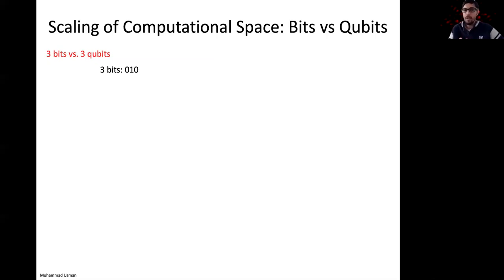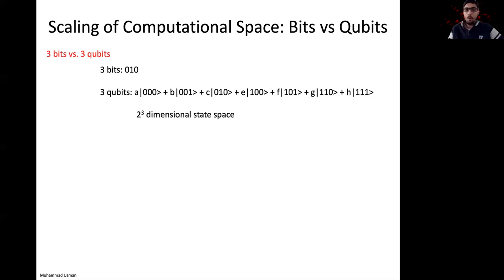At any particular instance of time, the 3 bits will have 3-bit information, which is a single number. On the other hand, 3 qubits will have a state which will be a combination of all the possible 8 combinations of the bits. So it will have A times 0, 0, 0, B times 0, 0, 1, C times 0, 1, 0, and so on.